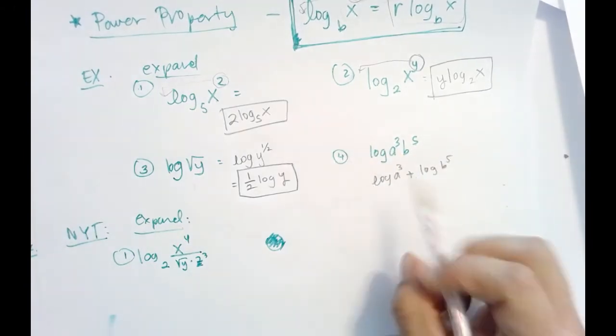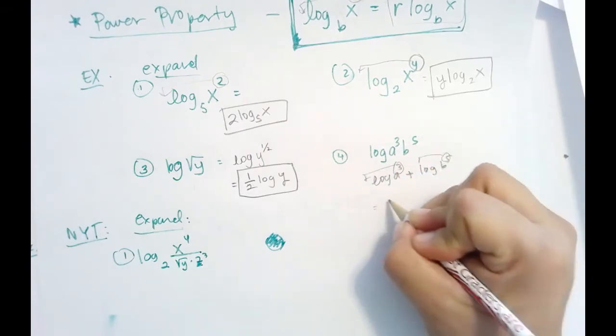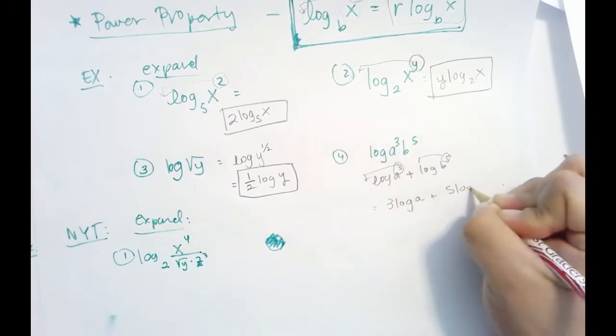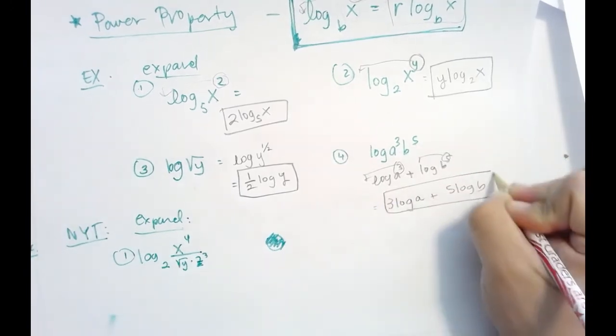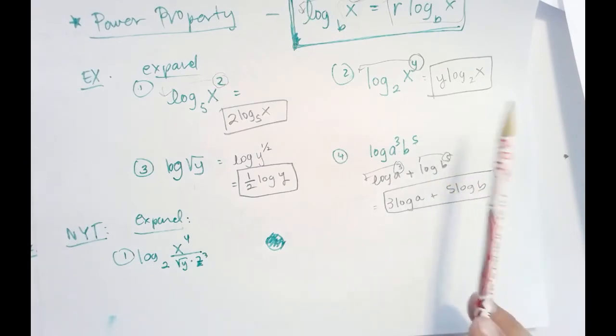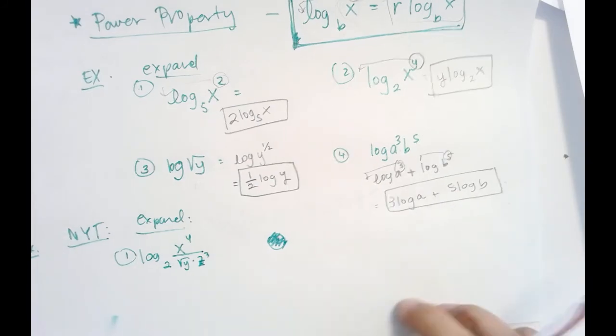And now we use the power property. We can rewrite this as 3 log of a plus 5 log of b, and that is the most expanded form. When we cannot do anything more to the log, we can't expand it any further, we leave it as is. That's the most expanded.